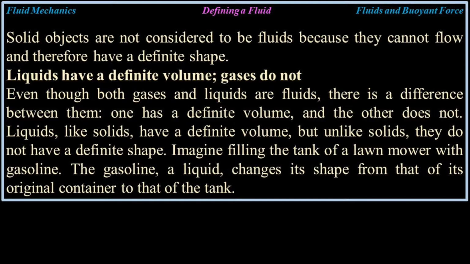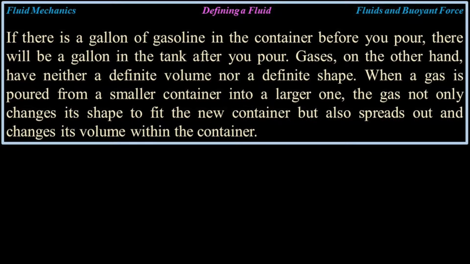The gasoline, a liquid, changes its shape from that of its original container to that of the tank. If there is a gallon of gasoline in the container before you pour, there will be a gallon in the tank after you pour. Gases, on the other hand, have neither a definite volume nor a definite shape.